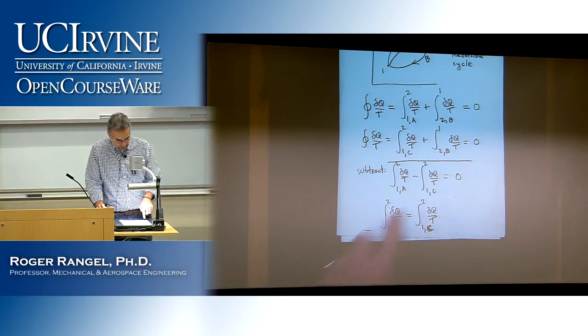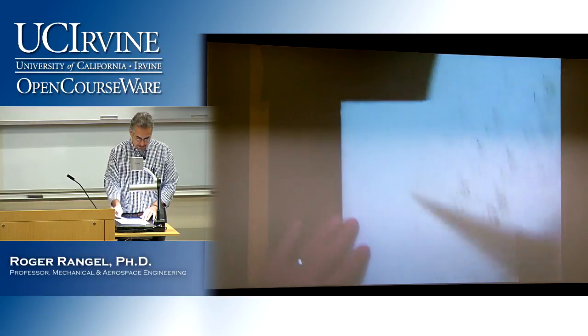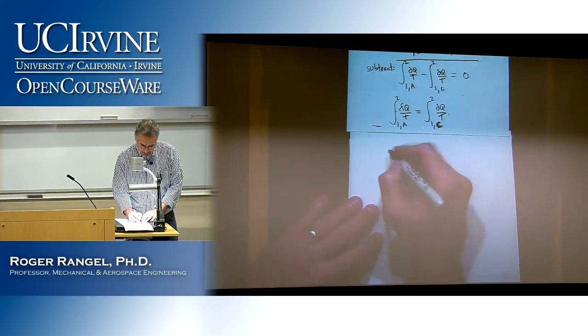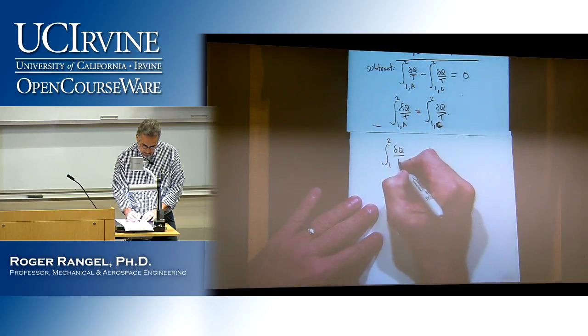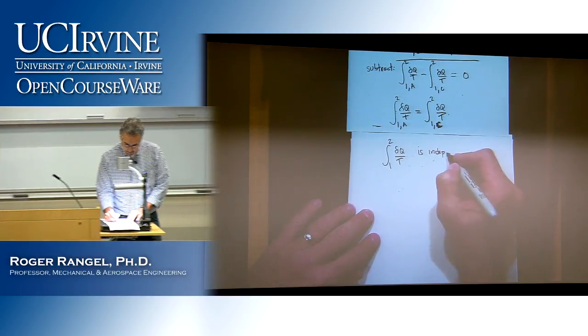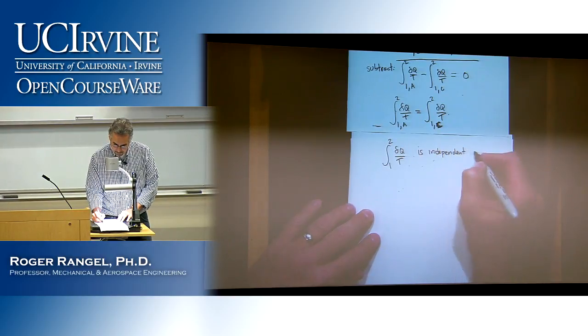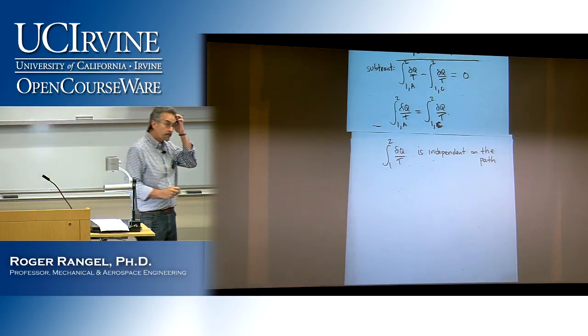So I can write, as a conclusion, that the integral from 1 to 2 of delta q over t is independent of the path. Right?